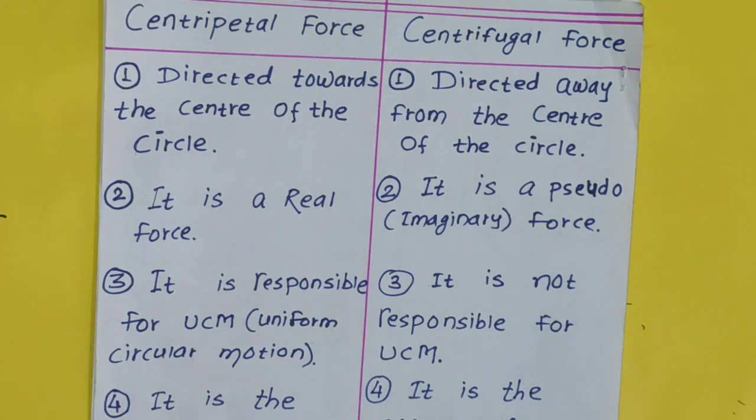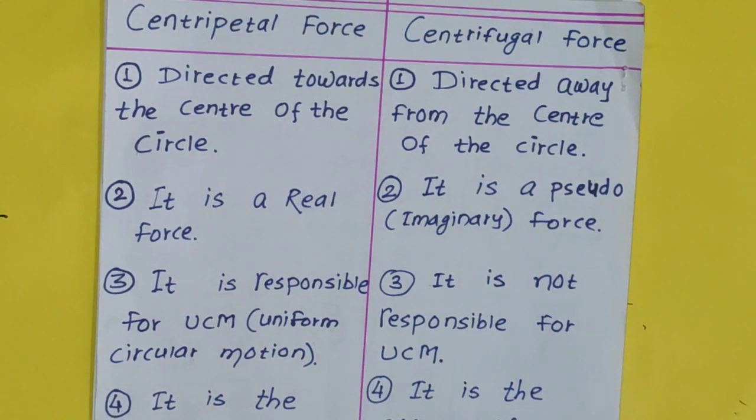We learned about centripetal force and centrifugal force and their equations. So the first point is, the centripetal force is directed towards the center of the circle and centrifugal force is directed away from the center of the circle. So the main difference is that centripetal force is towards and centrifugal force is away from the center of the circle.